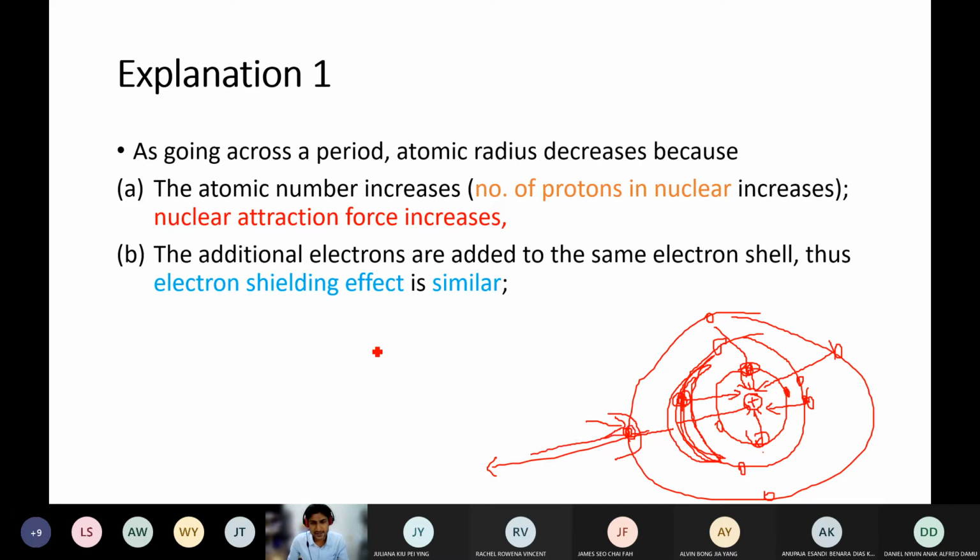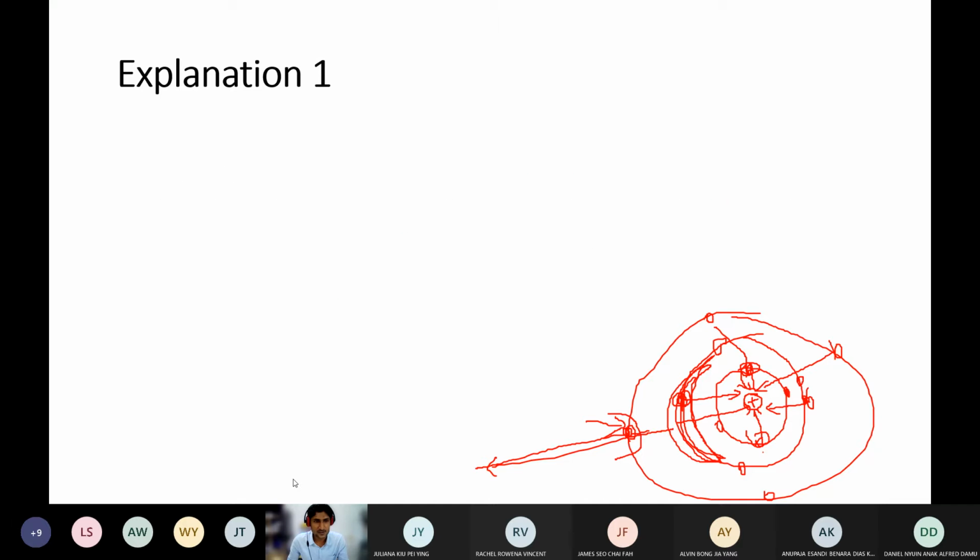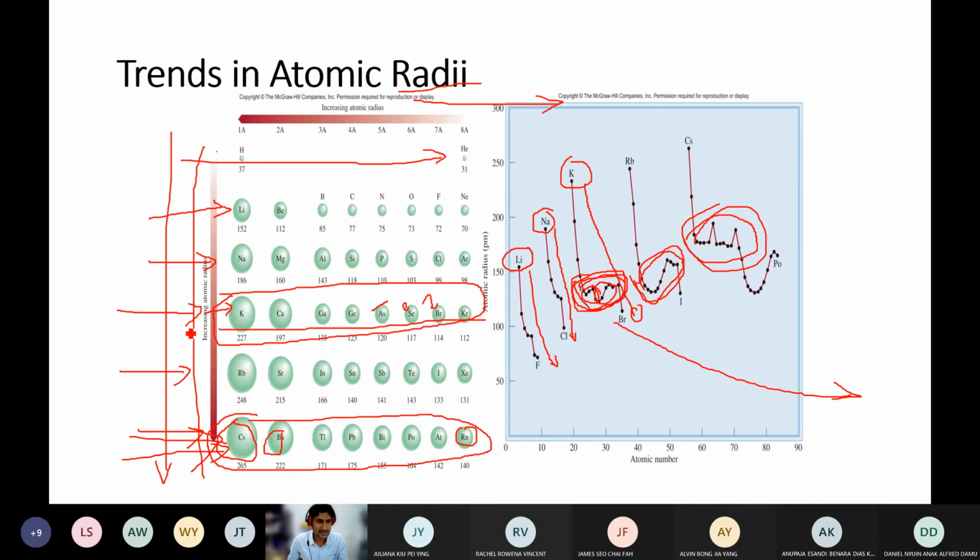The electrons are so easy to be removed. The same thing goes for cesium: it is very big, it has more electrons, and that is why the outermost electron is so easy to remove. That is how the shielding effect happens.